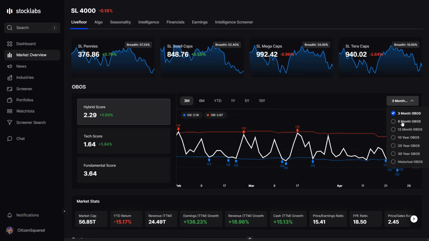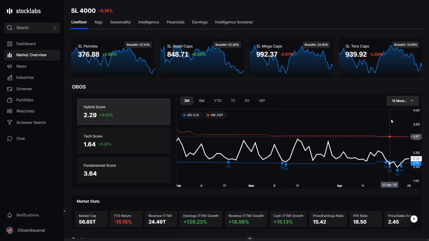This time frame is the amount of data that Stocklabs is using to generate these thresholds. So if you only use 3 months of data, see here, overbought is at 2.87. If I use 12 months of data, it's a higher threshold for being overbought.